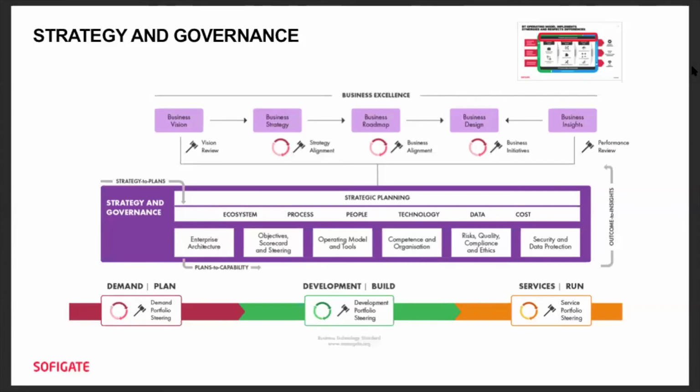If we take objectives and scorecards, which is the first part of the second box here, that refers to how we target and measure success in our plans or our strategies, as well as the operational work that we do, how we set up these scorecards in order to have the best possible tracking mechanisms in place.